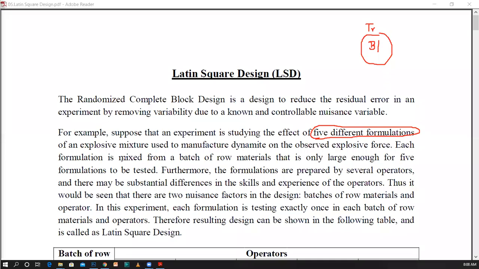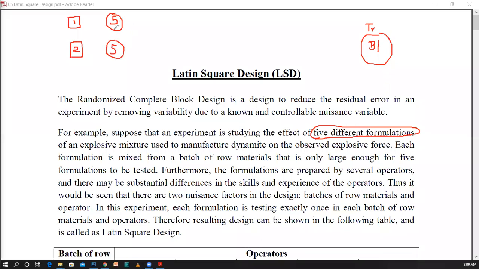Here they are saying that a formulation is made from a batch of raw materials that is only large enough for 5 formulations to be tested. Now think about it: if this is raw material batch 1, then this is enough to obtain 5 formulations. For the next 5 formulations, you have to take the second material batch.